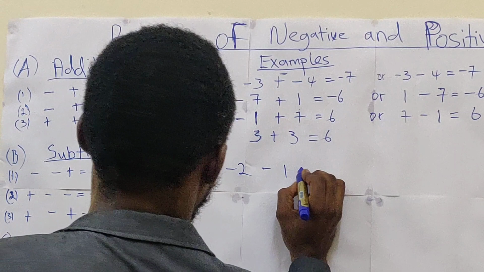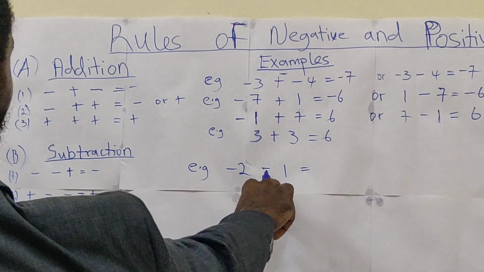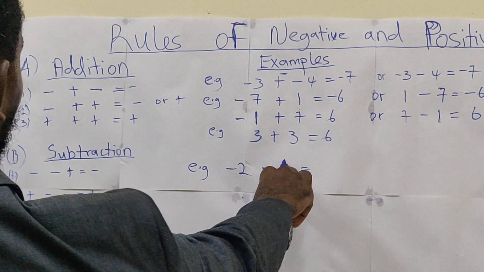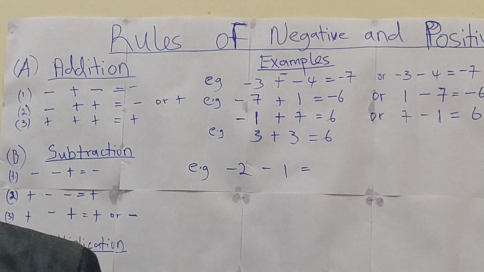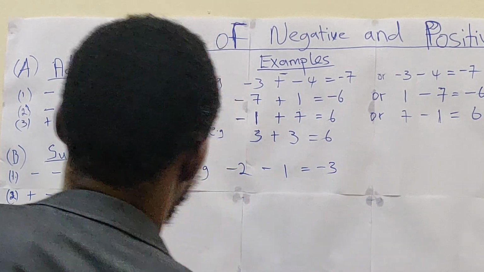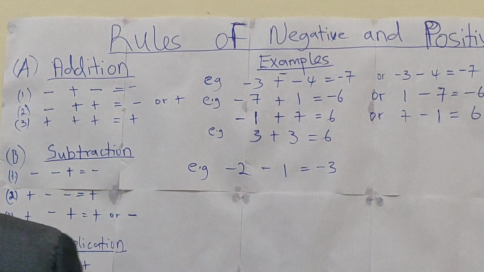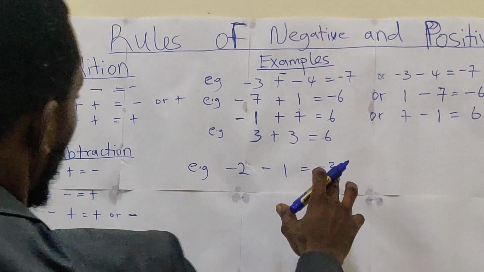Let's use this one. Negative 2 minus 1 is negative 3. First of all, negative 2 and minus another 1, it is negative 3.